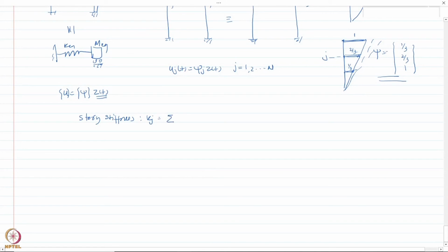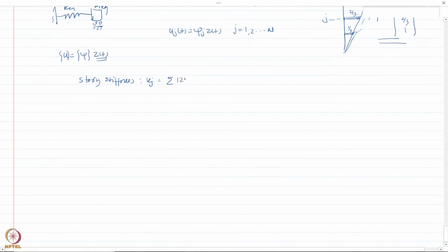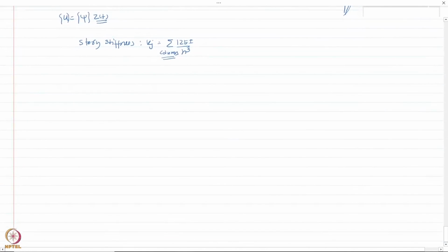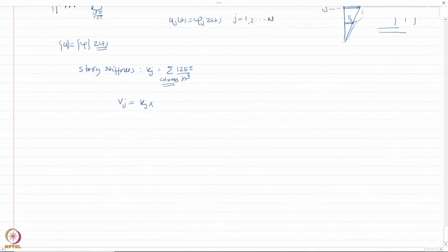If it's a shear type building, I can simply write this as the summation of 12 EI by h cube over all the columns. We utilize this, and the story shear in that particular story can be written as V_j equal to K_j times the relative deformation.